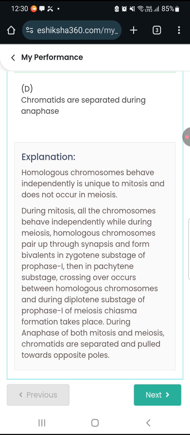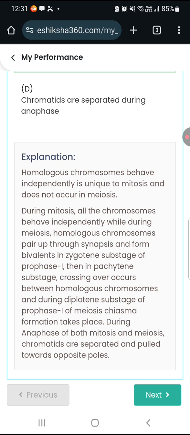During mitosis, all the chromosomes behave independently, while during meiosis, homologous chromosomes pair up through synapsis and form bivalents in the zygotene substage of prophase 1.